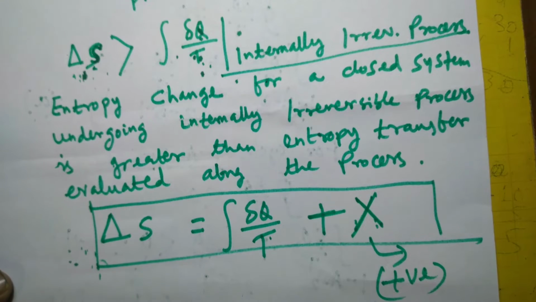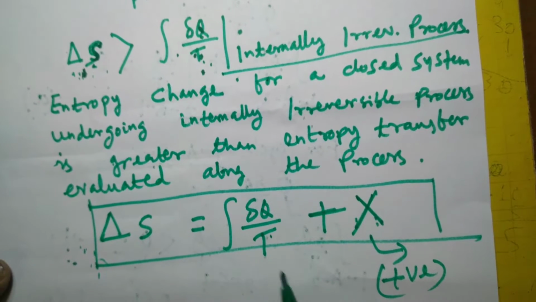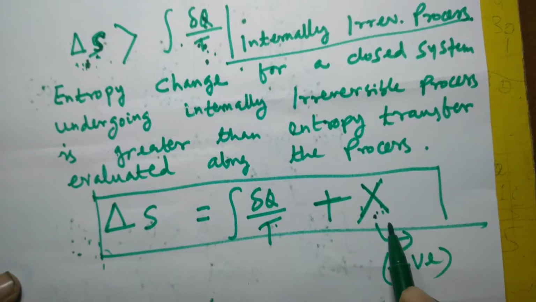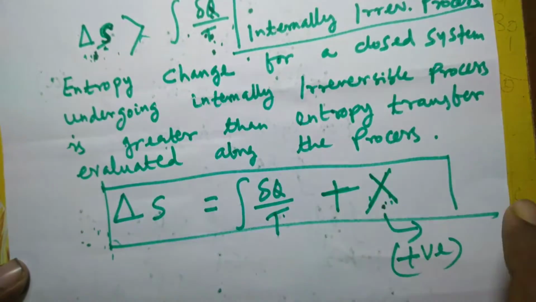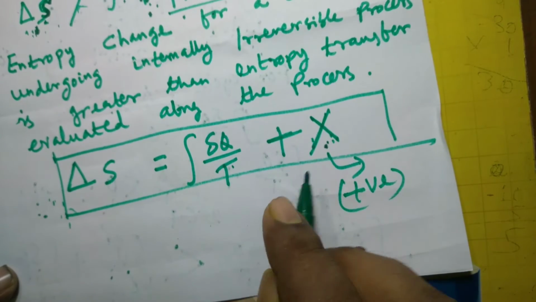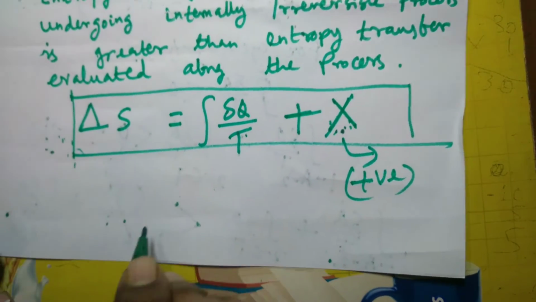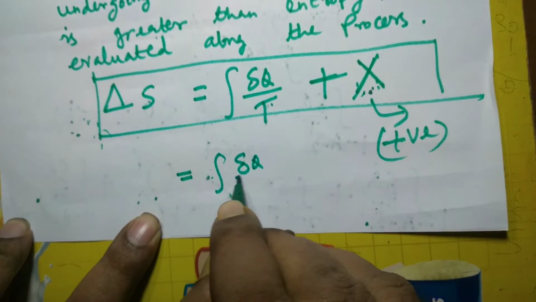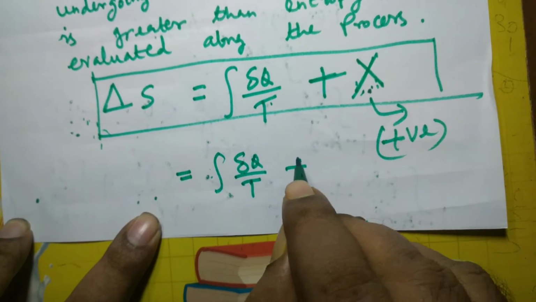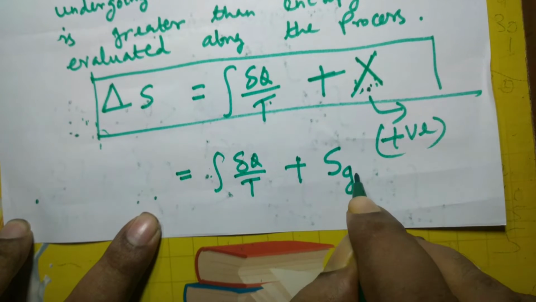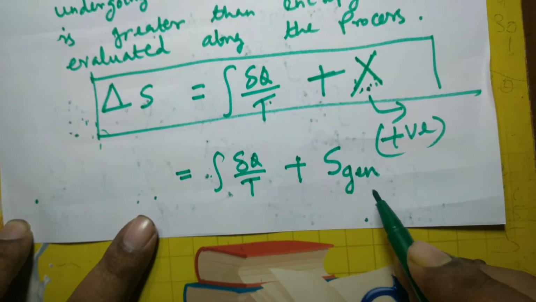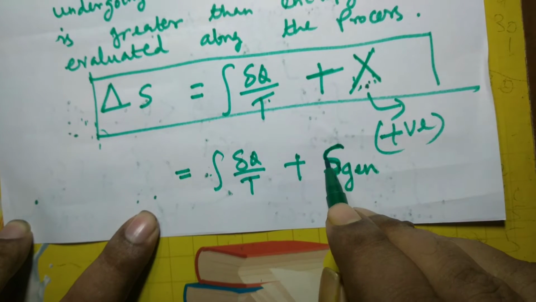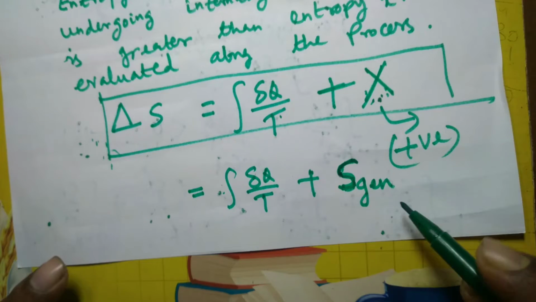So delta S is equal to the integral of del Q by T plus x, and this term is always positive because this is greater than this. This term is called entropy generation, S gen, or entropy production.